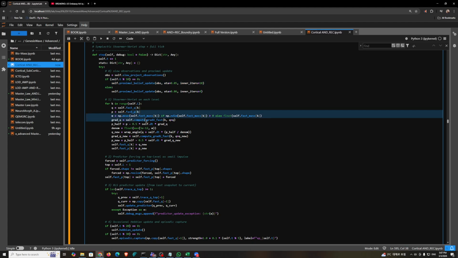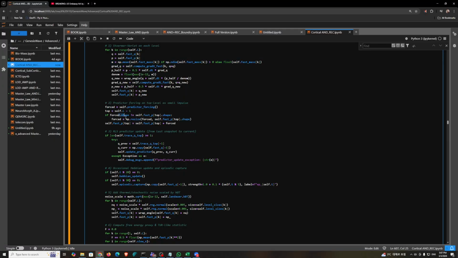Next, you have the fast cortical-like phasers and momenta that are advancing using this Stormer-Verlet integrator. This is a symplectic Hamiltonian step that's driven by the local energy gradients and the interactions. And then you have predictive guidance down here. The predictor forcing applies a top-down impulse from the RLS predictor, which gently steers the fast dynamics towards the anticipated states.